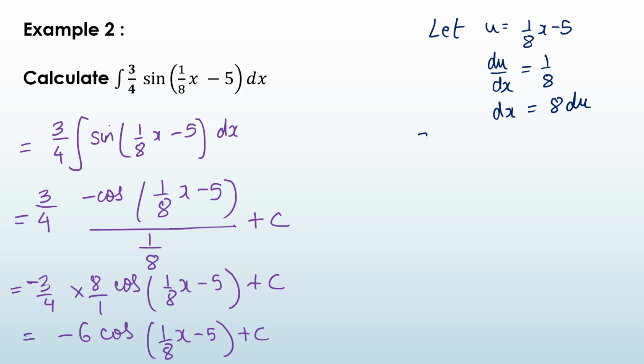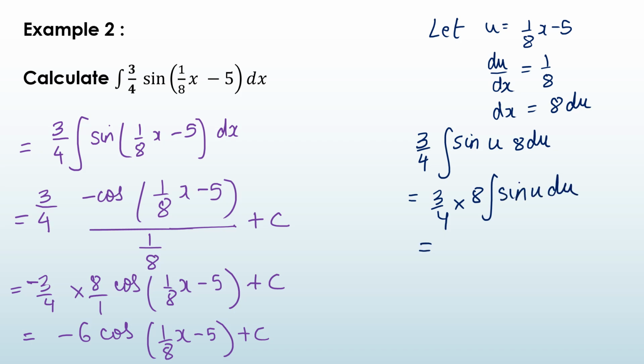So that becomes 3 over 4 sine u, and dx is 8 du. So that's 3 over 4 times 8 sine u du. And then that's 6, and then that's negative cos u plus c. So negative 6 cos 1 by 8 x minus 5 plus c. And that matches our answer here.